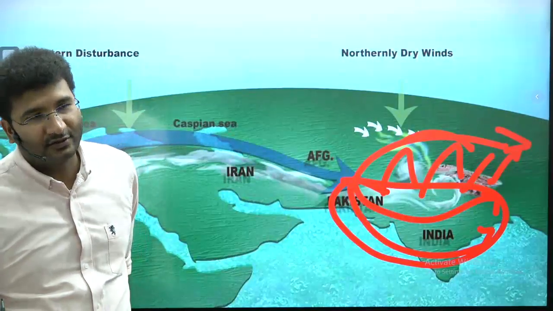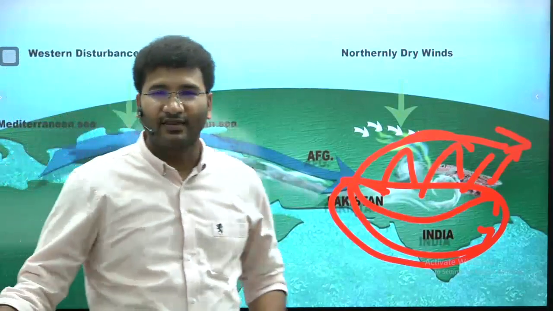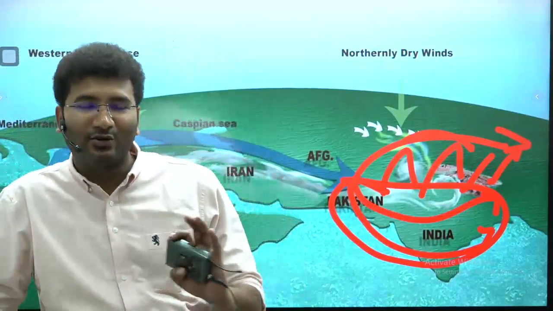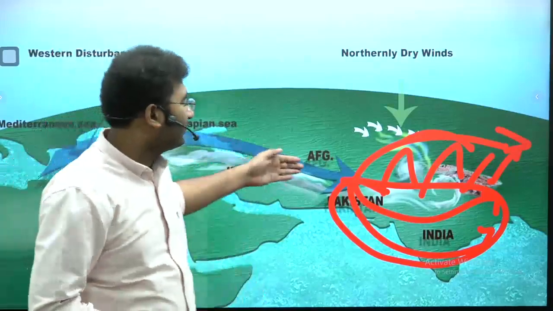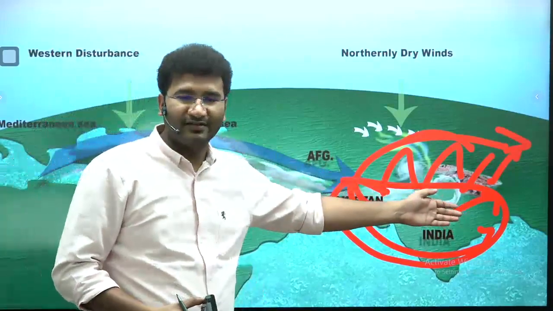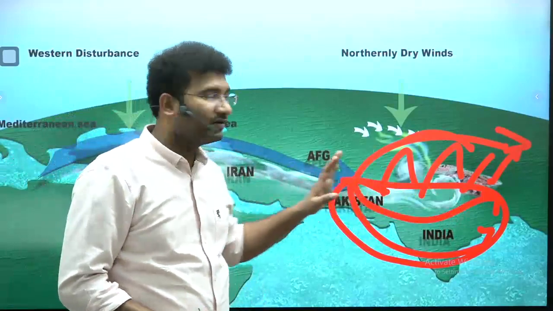Sometimes the western disturbances do not retreat back. Retreat back in the sense, one of the wings of the jet stream will be present south of it.